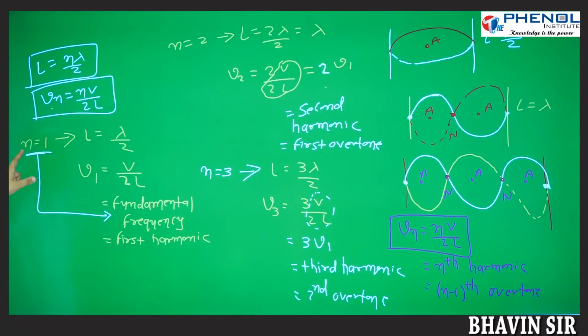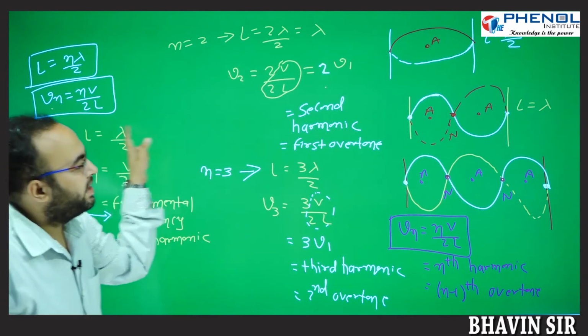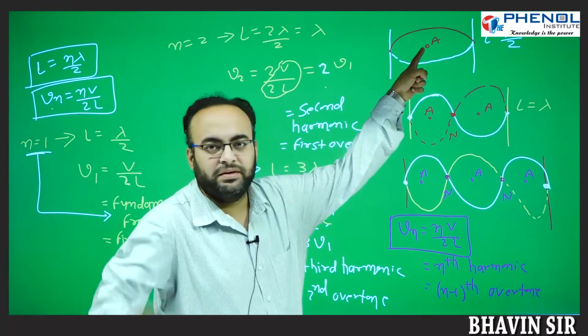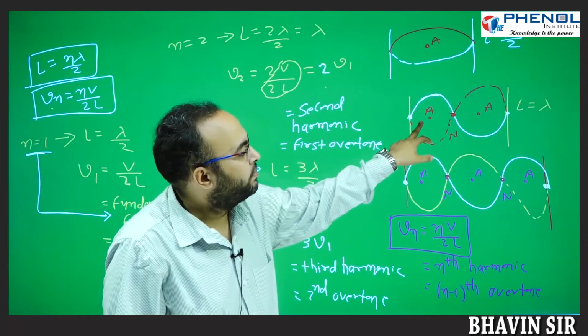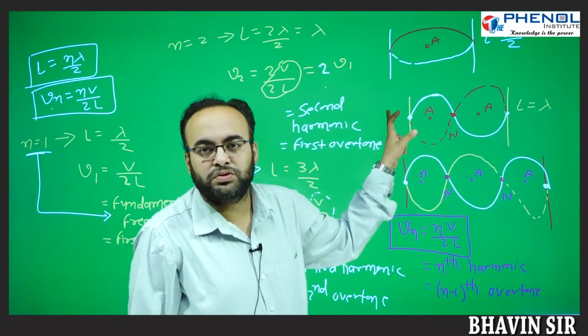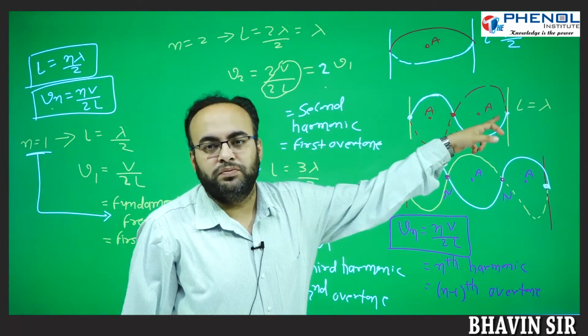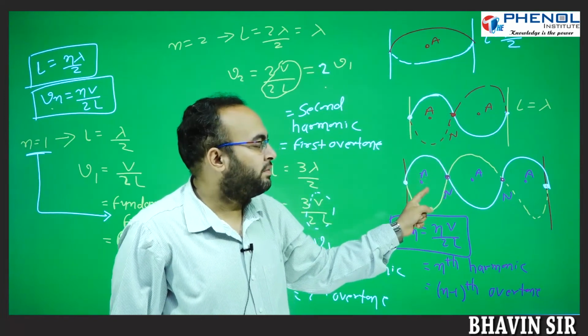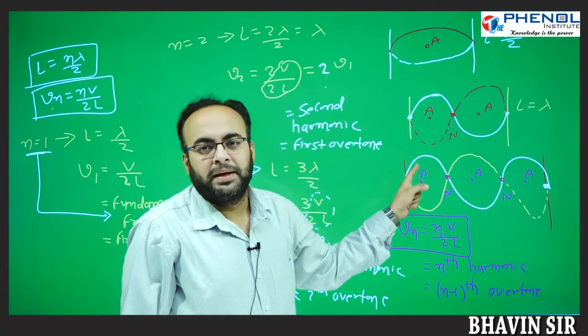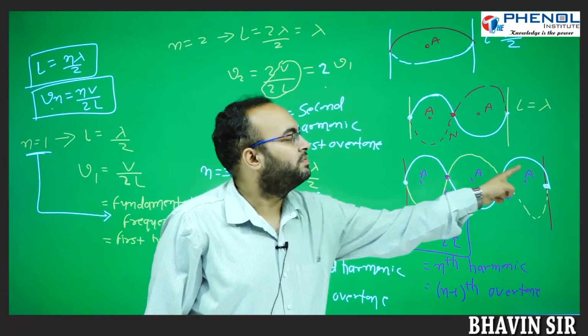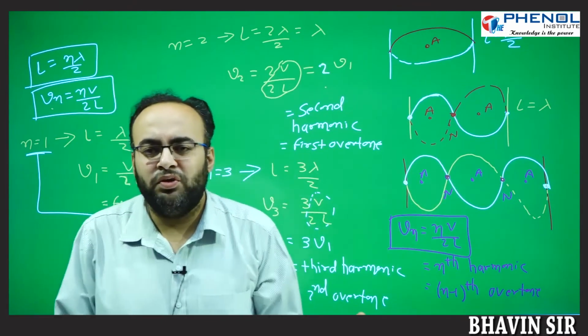When n equals 1, how many loops are there? One loop. Here for n equal to 2, how many loops? 1, 2. And here n equal to 3, how many loops? 1, 2, 3.